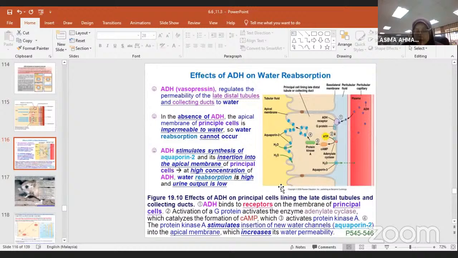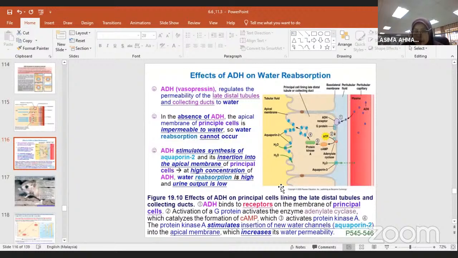We have discussed starting from the blood that goes in, carried by the renal artery into the kidney. Then this artery forms many smaller branches, the arterioles, and the blood vessel that carries unfiltered blood is the afferent arteriole, carrying the blood into the glomerulus.